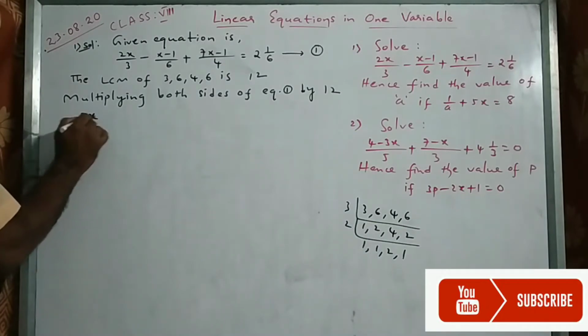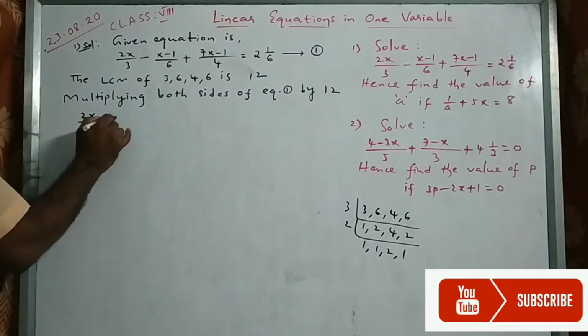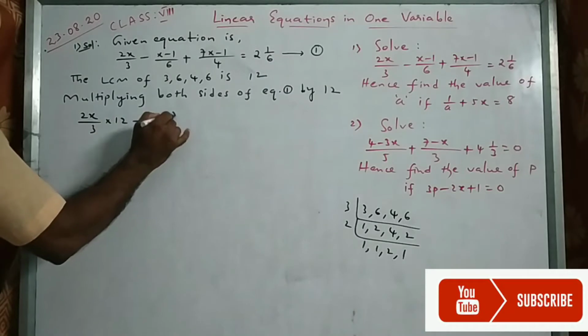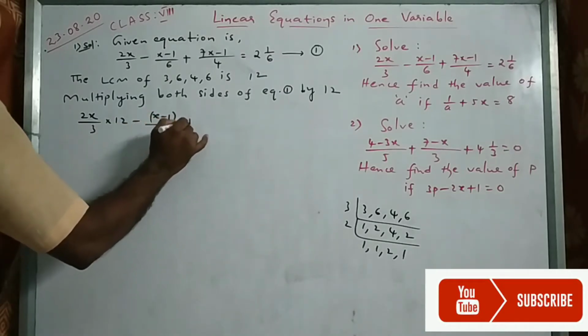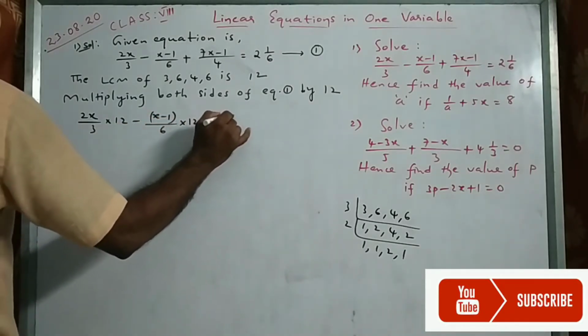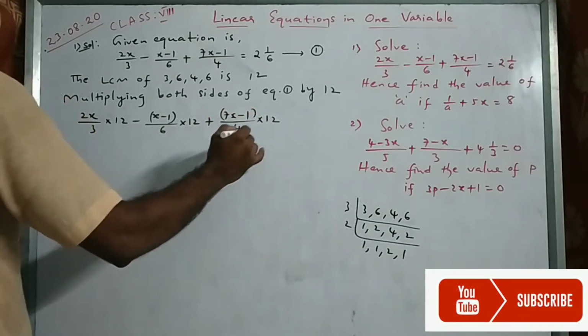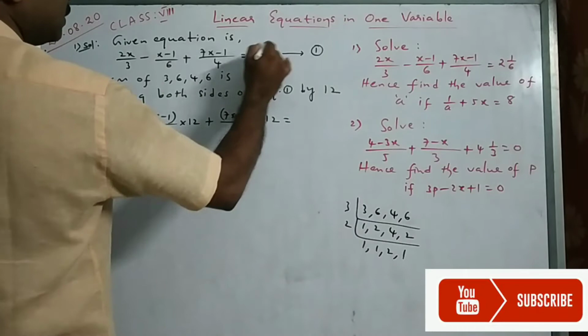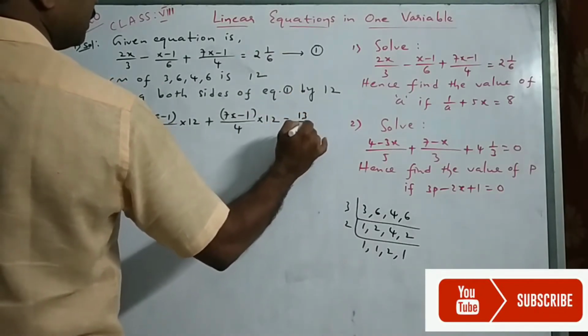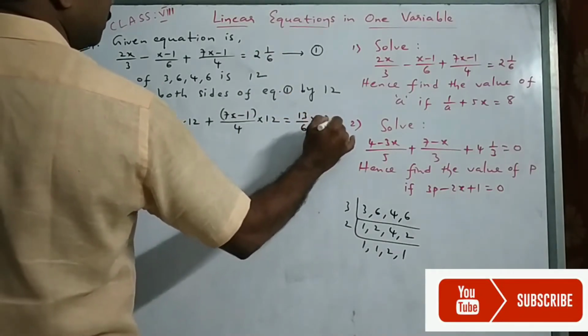So 2x by 3 into 12, minus (x minus 1) by 6 into 12, equals (7x minus 1) by 4 into 12 plus 1 by 6 into 12.